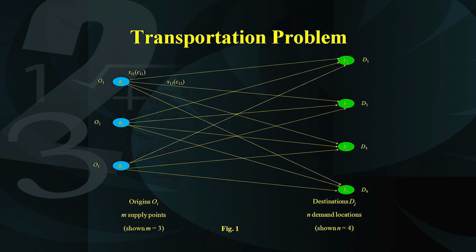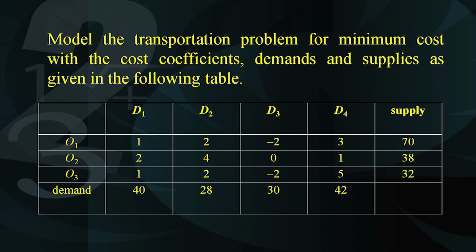Cost per unit of the commodity is given to us, and like this all this information for all the sources and all the destinations is given. So, the problem can be represented in a tabular form as shown in this table, where we have the sources on the first column and the destinations on the top row.